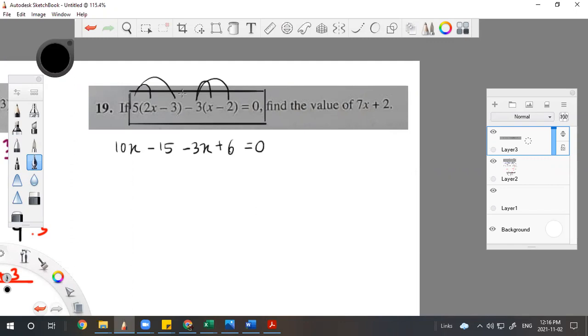And then collect the like terms. Which are the like terms here? 10x minus 3x, 7x. And then negative 15 plus 6, negative 9 equals 0.